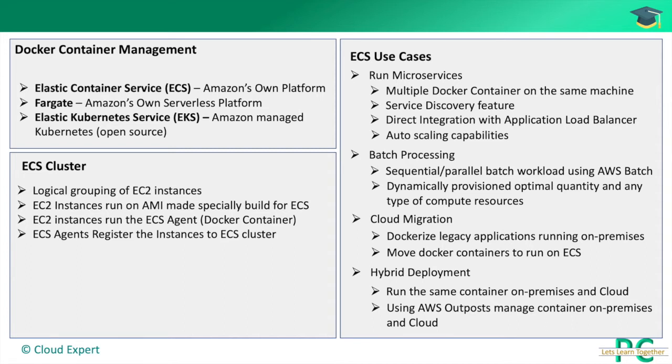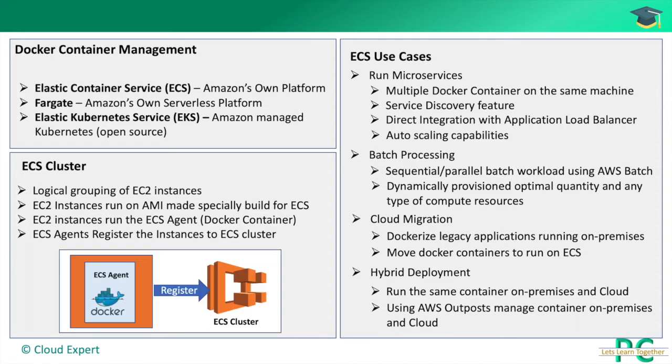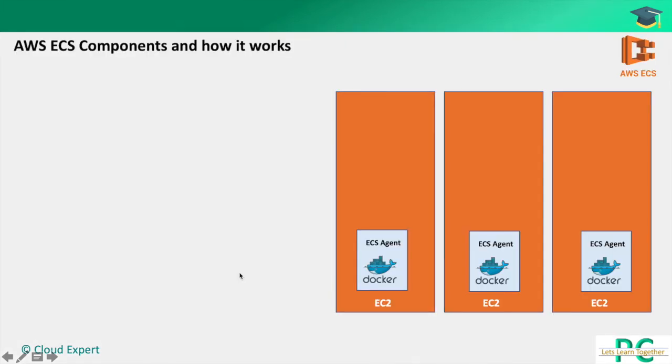Let's understand the concept with a diagram. In this picture, you can see I have an EC2 instance which has the ECS agent pre-installed, and this ECS agent will register the instance to the ECS cluster. Now let's see the different components of an ECS cluster.